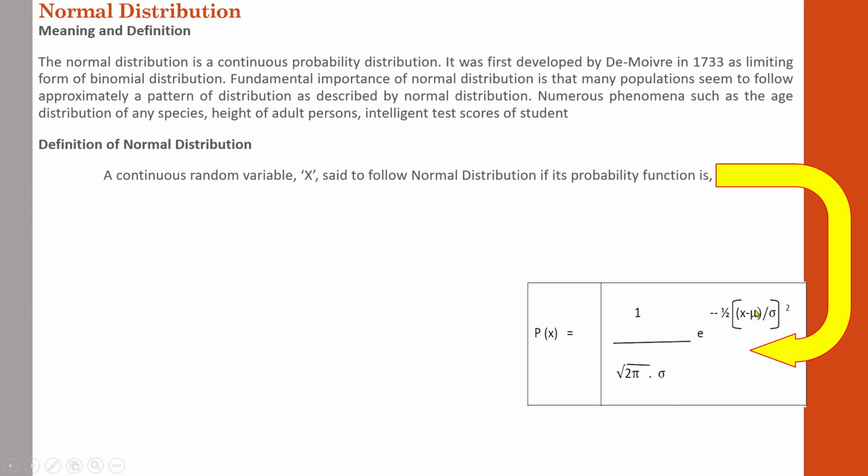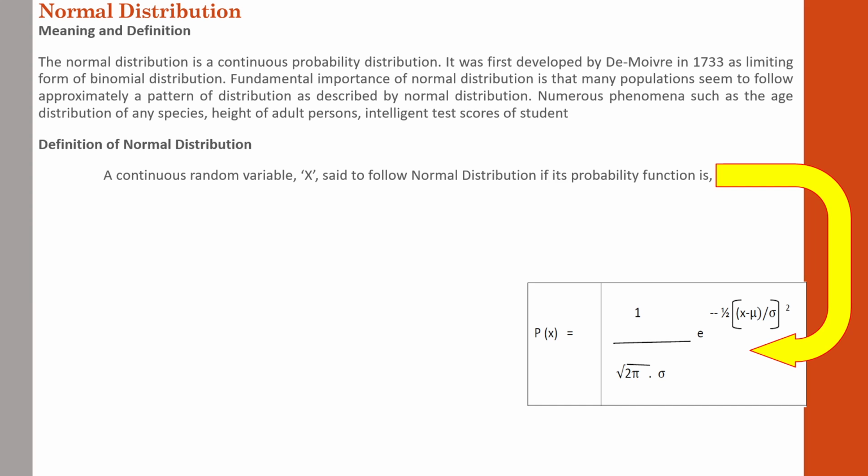Remember this term, it is like a u with an extension on the left side. It is known as mu. Mu means the mean of this normal distribution. So you may think that we will discuss the usual mean as well as the mean in case of a normal distribution. We will come to that part, but remember the mean of the normal distribution is known as mu.